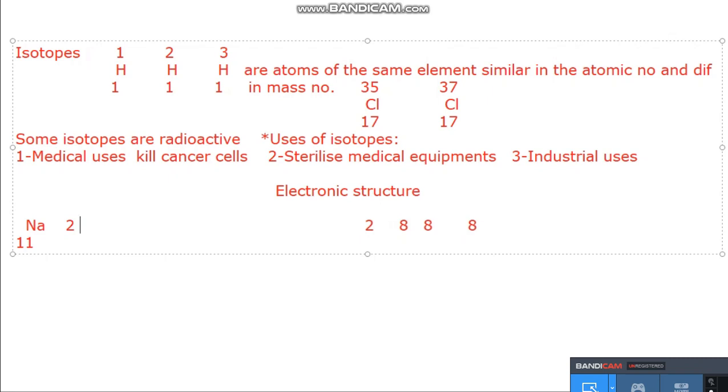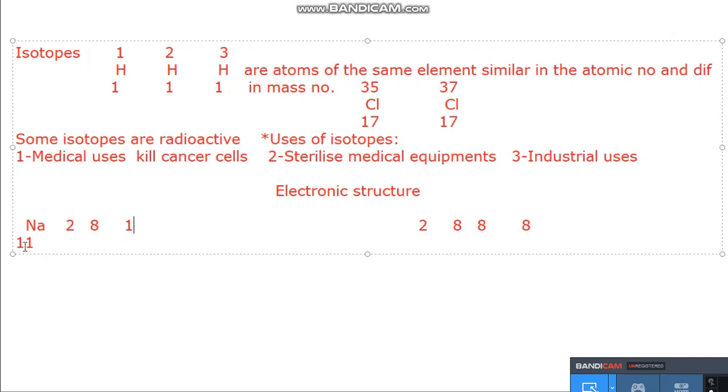We still have 1 electron, so we put 1 in the third energy level. So the electronic configuration of sodium is 2, 8, 1.